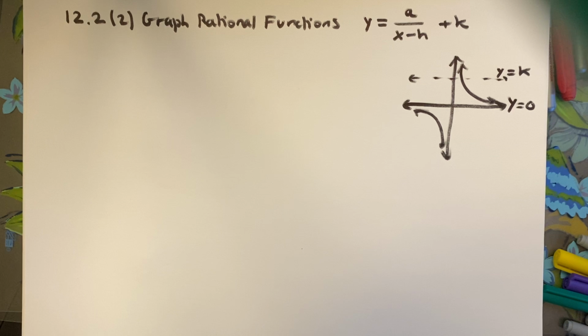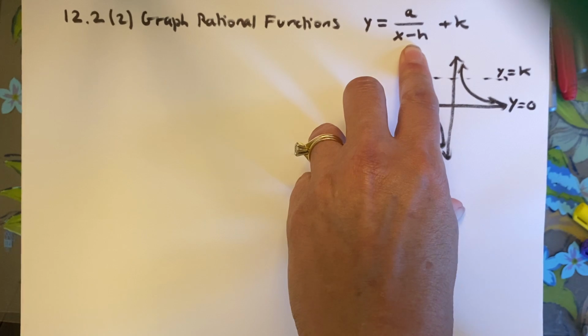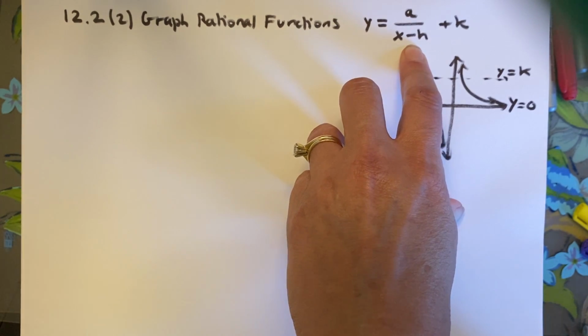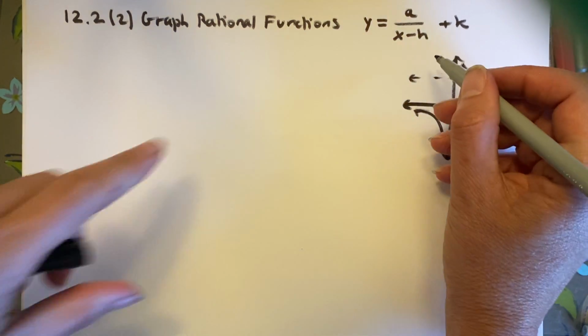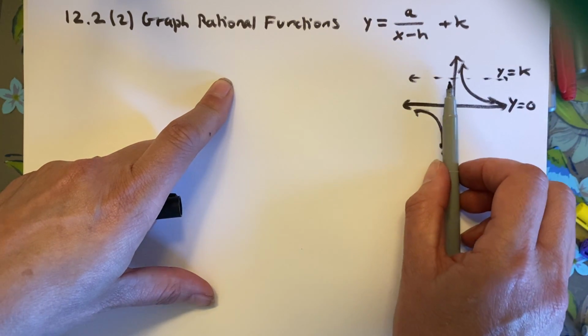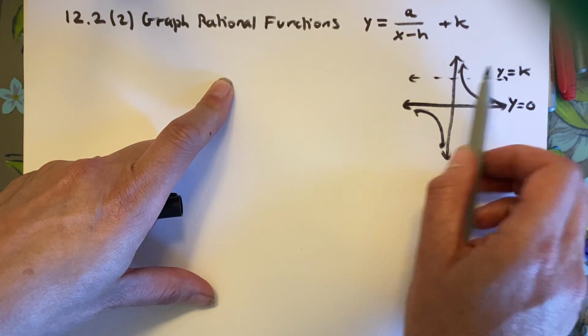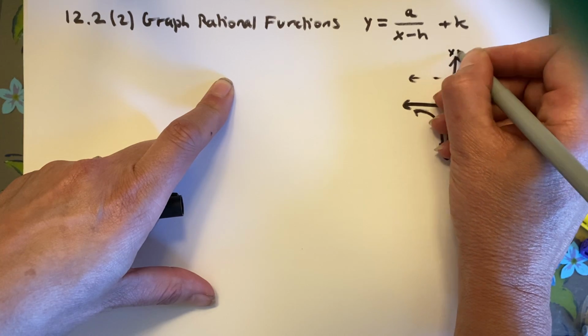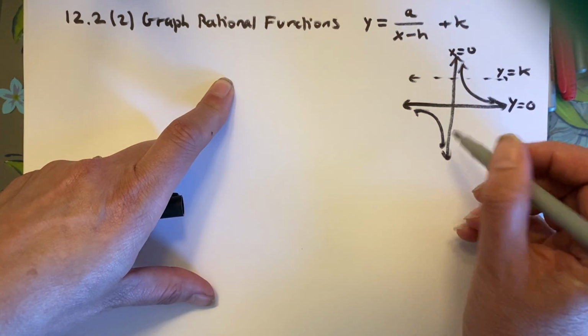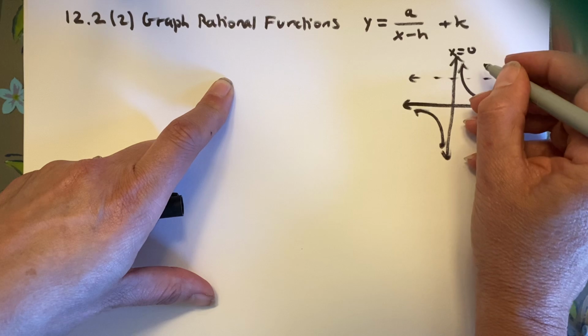And that is going to be our horizontal asymptote. In the same way, and if I'd been consistent, I would have done it in green, but in the same way, when you have x minus h, we noticed that moved things side to side. And when that number was 2, we noticed that the asymptote went from x equals 0 and it moved over to x equals 2.